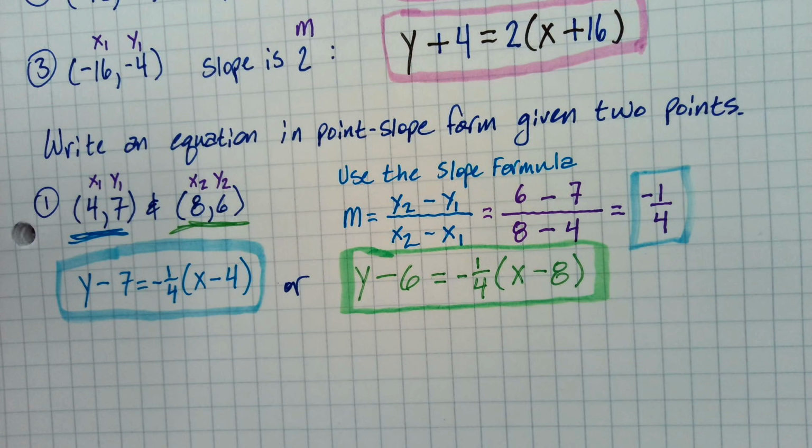Okay, so let's go to Delta. Since I'm on the green side, I will enter in that one in green. So over here, I'm going to put in y minus 6 equals negative 1/4, parentheses, x minus 8. That's the green equation I had in green.